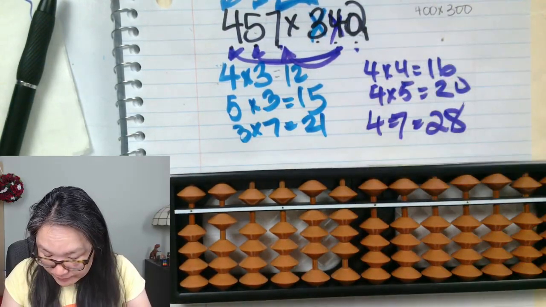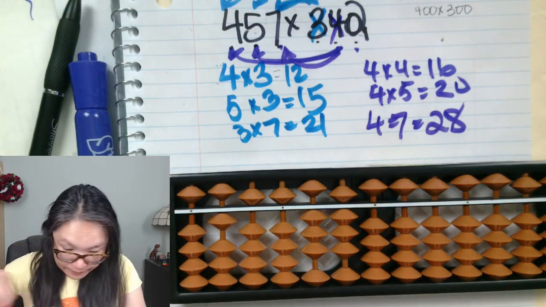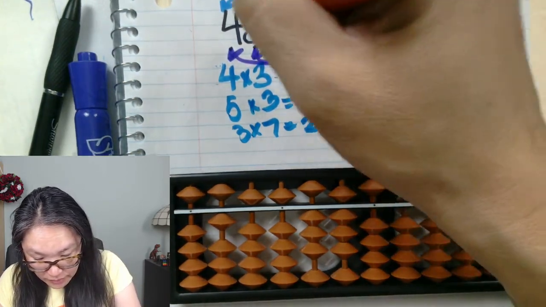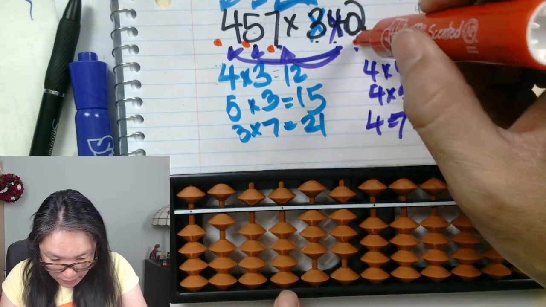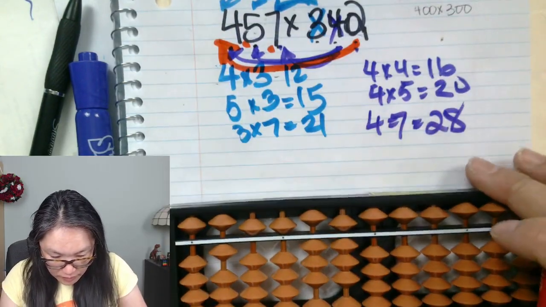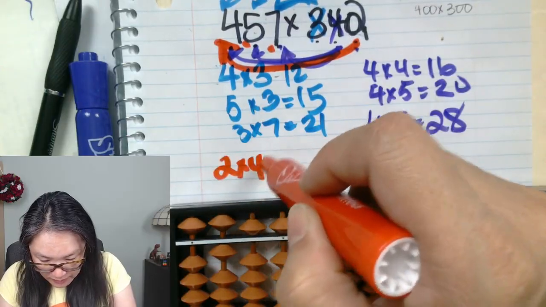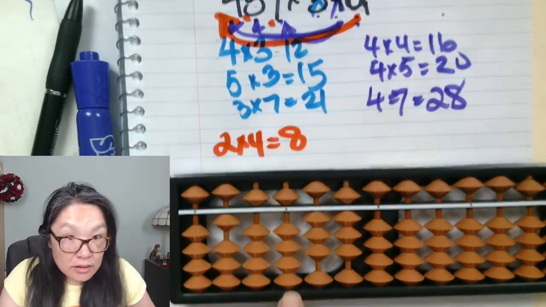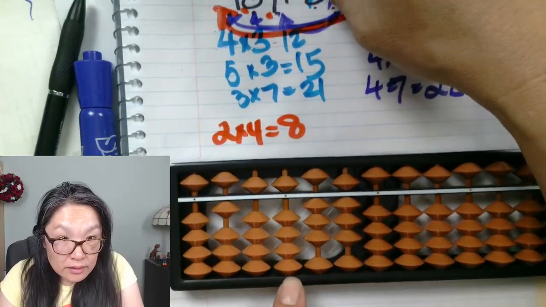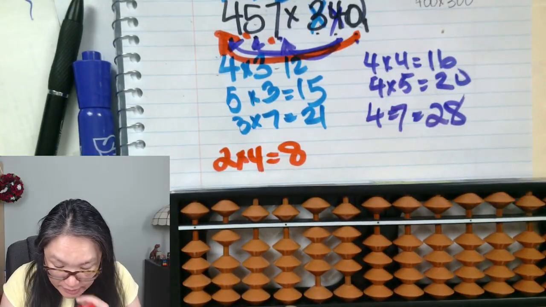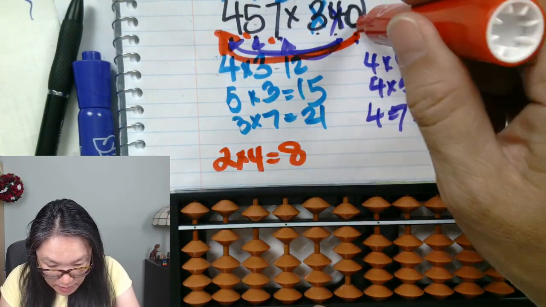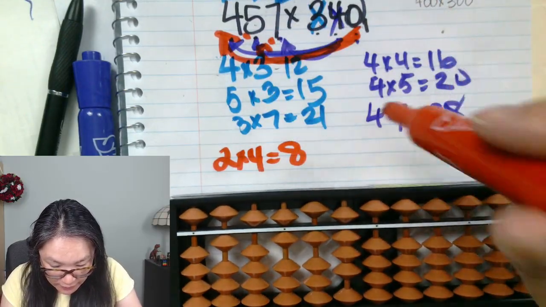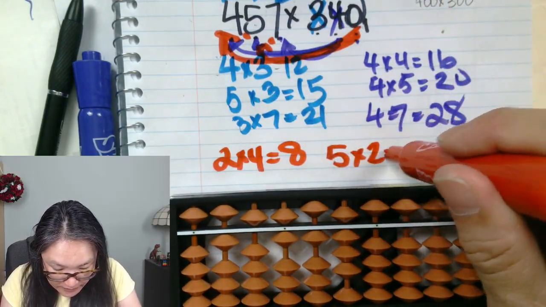We go back. I'm going to change color. 1, 2, 3, 4. 1, 2, 3, 4. 2 times 4 is 8. 8 is a single digit, so I go back one column, I add the 8. Plus the 10 minus the 2. 2 times 5 is 10.